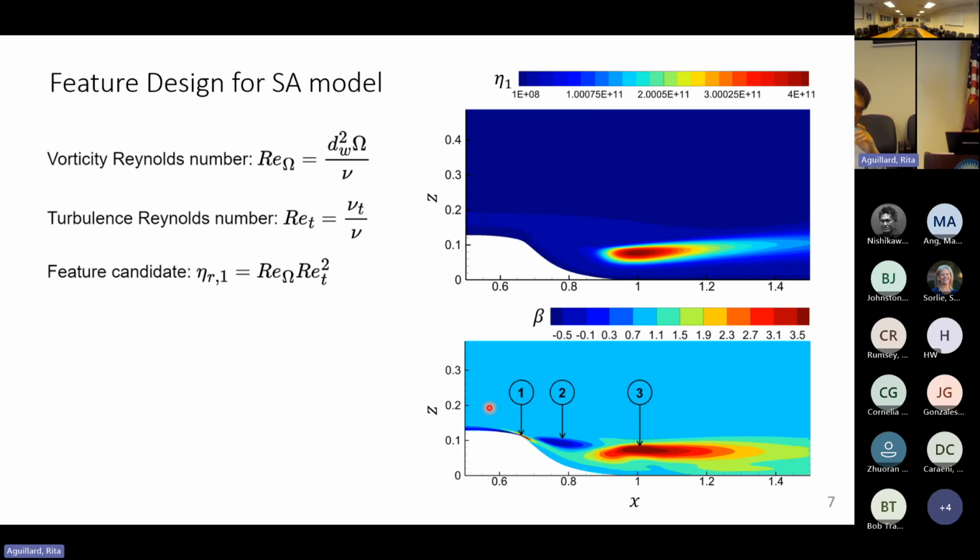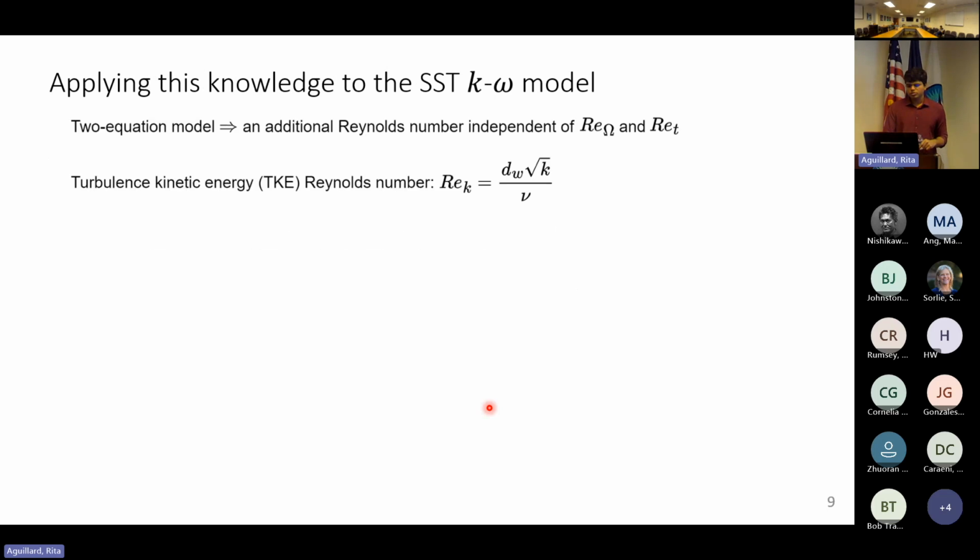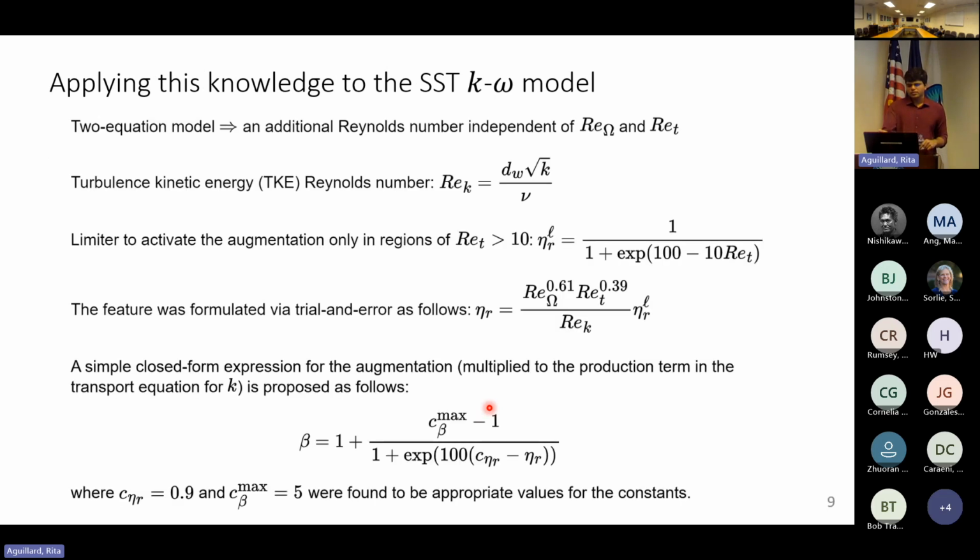However, one thing which I find very interesting recently is the information theoretic methods for feature selection. Now, I don't think these methods can be used to create new functional forms out of features. For example, if you have something like Re_omega and Re_T, and you want to go down to something like Re_omega to the power something, Re_T to the power something, there I think you can use information theoretic frameworks to figure out what the exponents are very quickly.